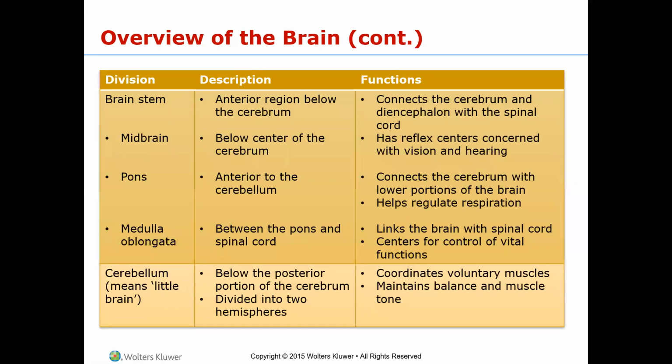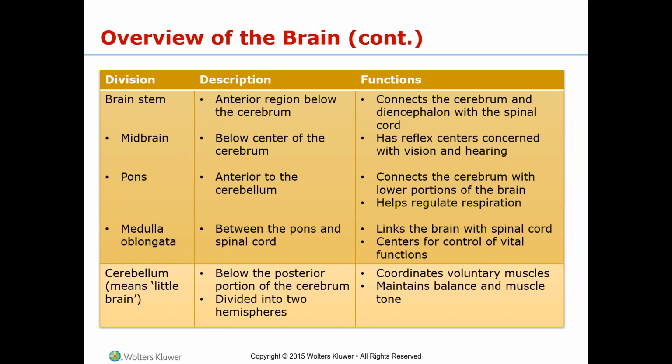And the midbrain is our center for reflex as well as our vision and our hearing. The pons connects the cerebrum with the lower portion of the brain, and it helps to regulate respiration. However, the medulla oblongata really is the control center for our vital functions such as our respiration and our heart rate.